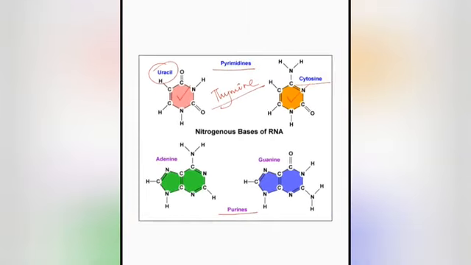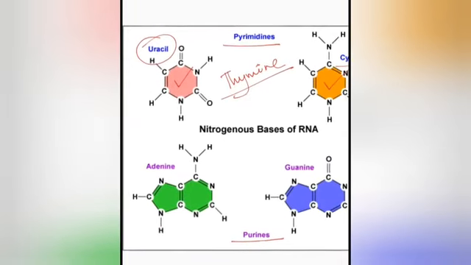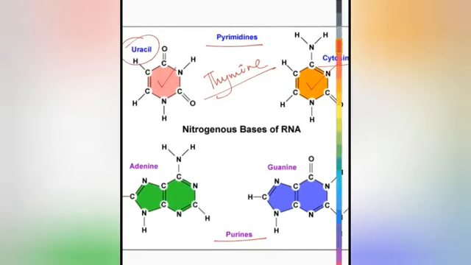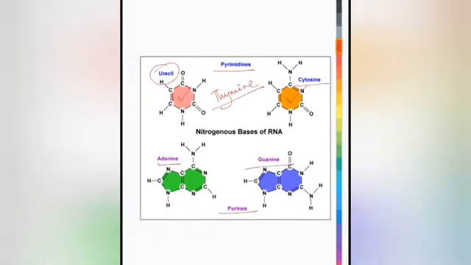So these are the 3 pyrimidines. And what are the purines? Both in RNA and DNA they are same, they are common in both RNA and DNA, and the purines are two ring molecules and they are adenine and guanine. So these are the types of nitrogenous bases.